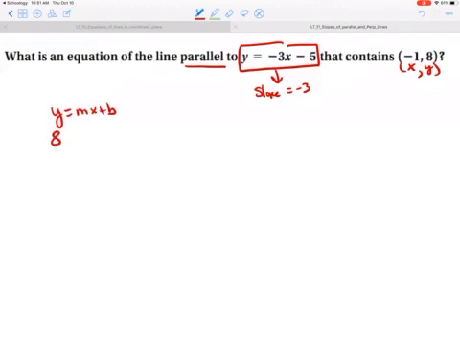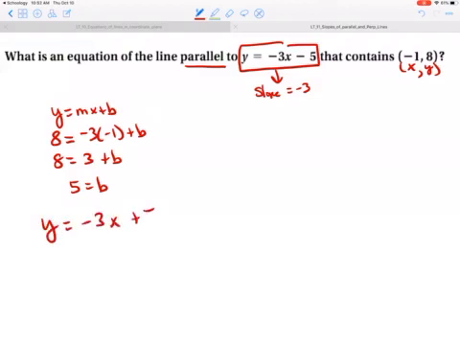So this would be 8 equals -3 times x, which is -1, plus b. So 8 equals 3 plus b. I subtract 3 on both sides, I get 5 equals b. So that gives me my equation y equals -3x plus 5.